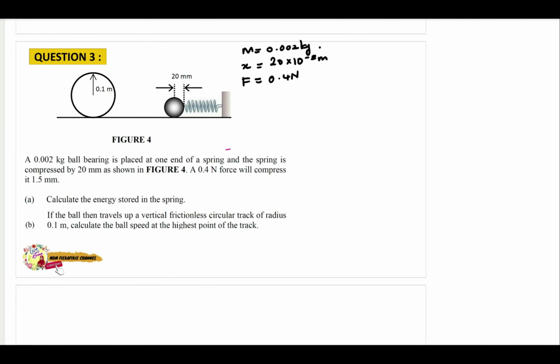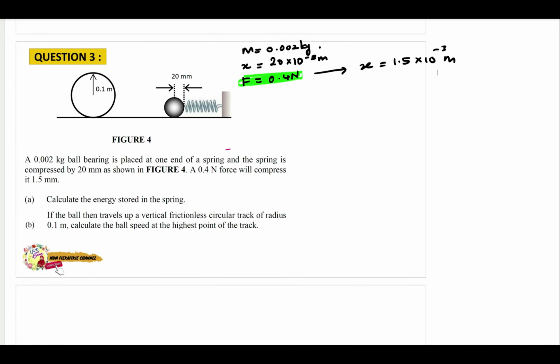Okay, so maknanya force yang kita perlukan, 0.4 Newton here, akan memberikan compression of 1.5 millimeter. Okay. Jadi, berapa force yang diperlukan untuk compress spring itu sebanyak 20 millimeter?